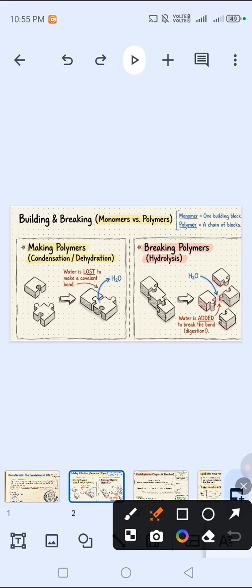This is very important. And the other is the breaking of polymers, called hydrolysis. In this, a water molecule is added to break the bond between the blocks. This is what happens during digestion.